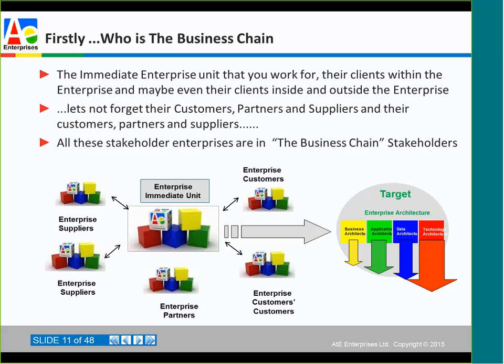So over time, all of these different enterprises that are affected and interface become what we call the business chain stakeholders. So our suppliers, our customers, the enterprise's customers, and the immediate unit that is running with this. And this is usually led by the business sponsor in some way, but not always. It could be another unit, it could be sales, it could be manufacturing, and so on.